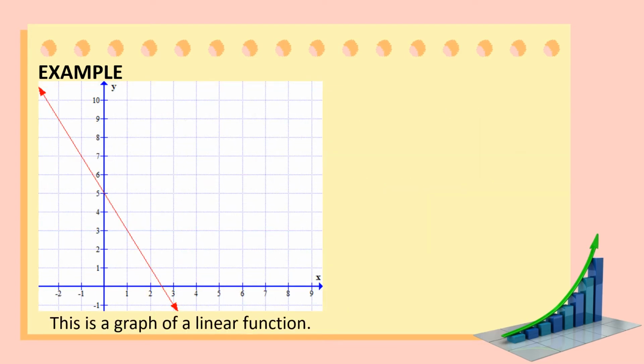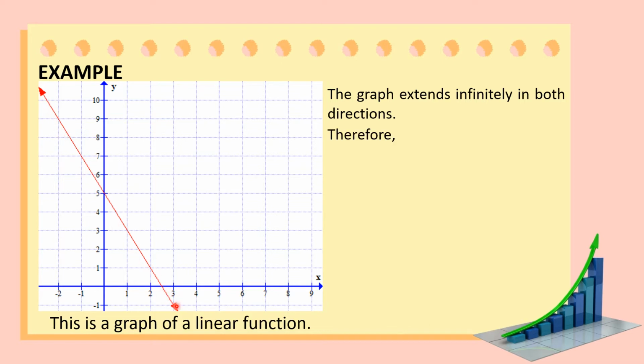This graph is an example of a linear function. So notice that our graph extends infinitely in both directions. Therefore, the domain is the set of all real numbers, and it is written as D equals the set of x such that x is an element of real numbers.